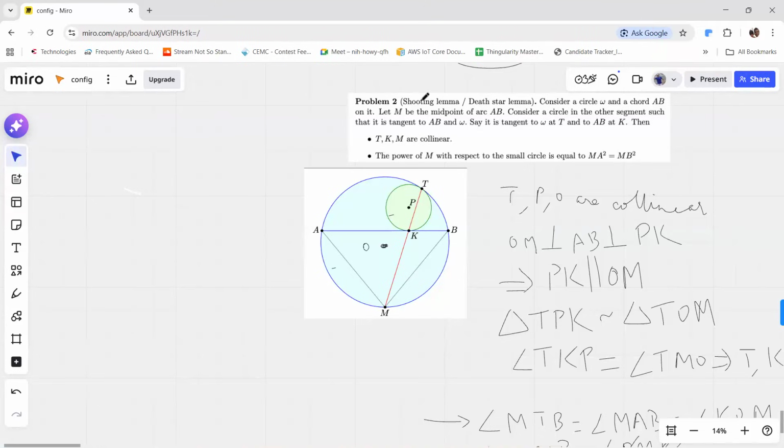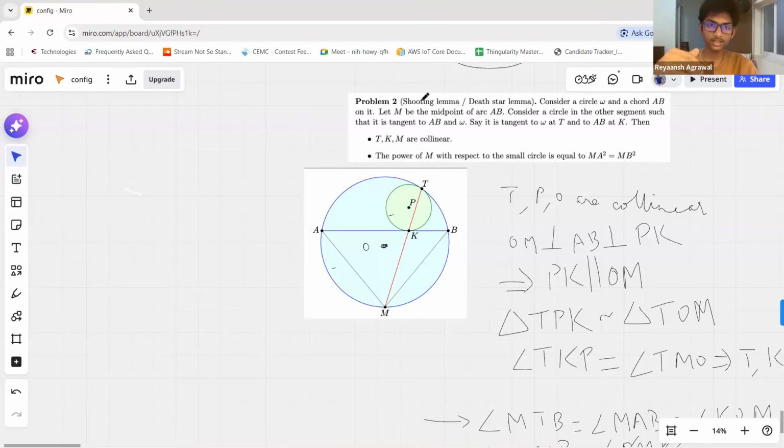Right. And now notice that K and M are the south poles of these two circles. The tangent through K is AB, and the tangent through M is parallel to AB. Yes, the bottommost point of the circle.